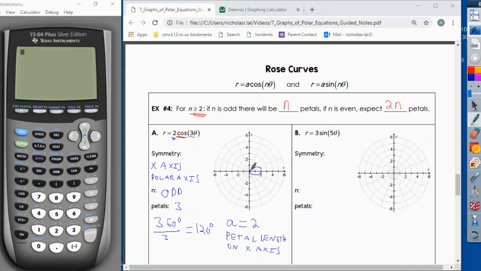The next petal is going to be 120, its center is going to be 120 degrees away. All right, so if this is 30, 45, 60, 90, 120, the petal is going to be centered around this point right here. It's going to have a length of 2.